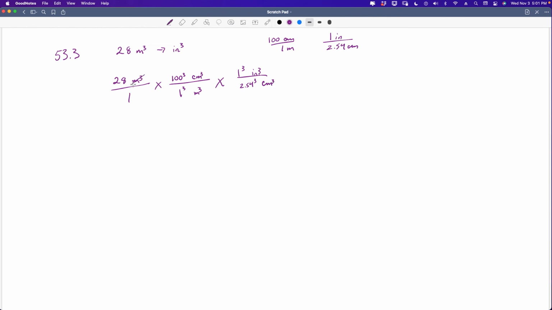All right, meters cubed cancels, centimeters cubed cancels. Our answer is 28 times 100 cubed, 1 times 1 times 1 is 1, we don't have to have that, over 2.54 cubed inches cubed. Isn't that what we were going for? That was much faster than the other way.